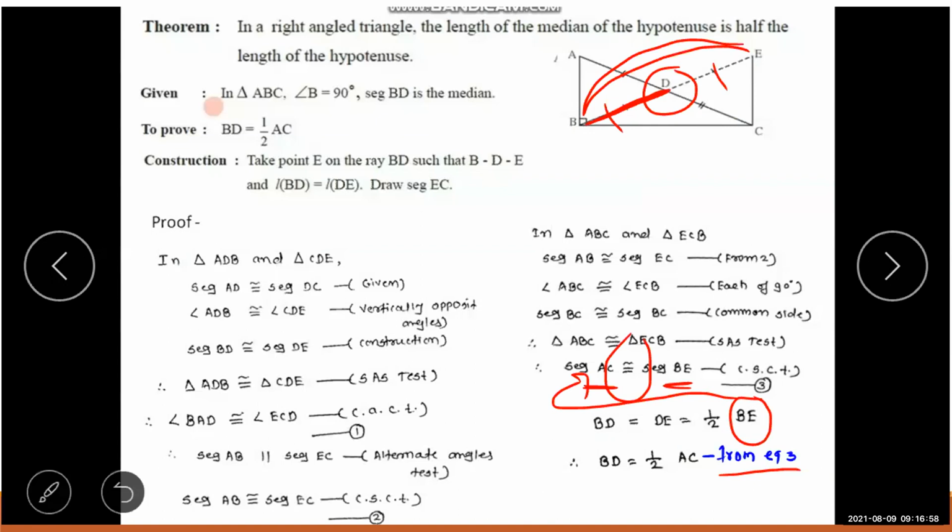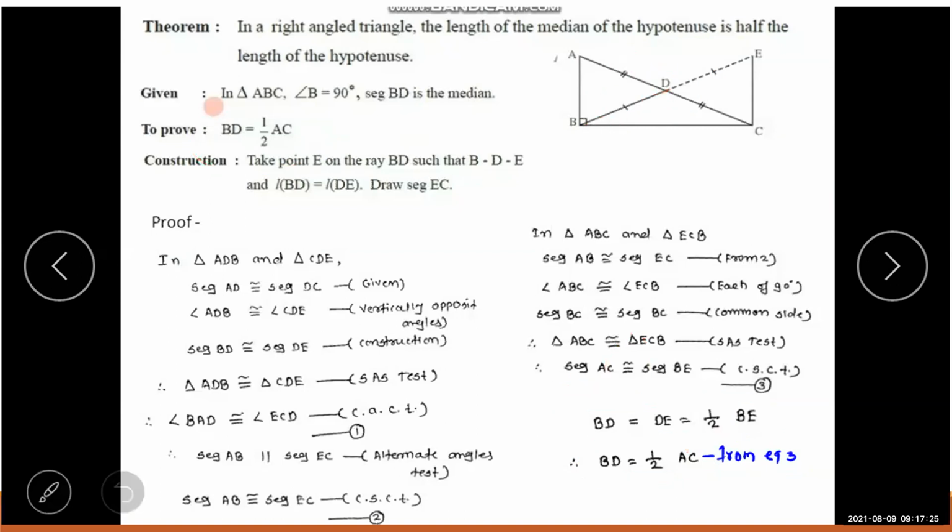So BD equals half of BE is replaced with AC here. We need to prove that BD equals half of AC. Got it?